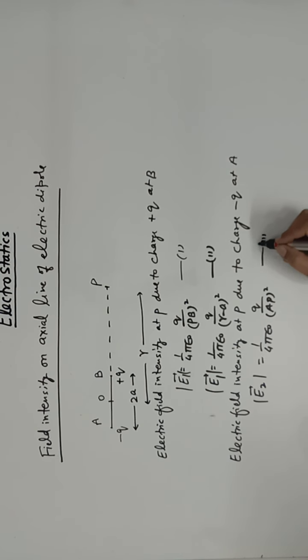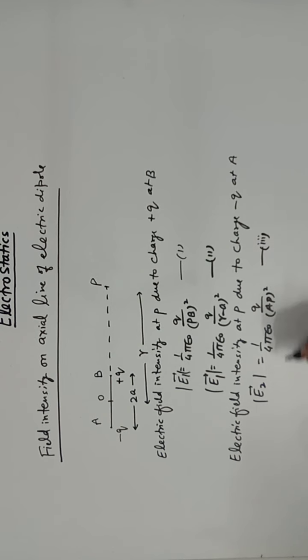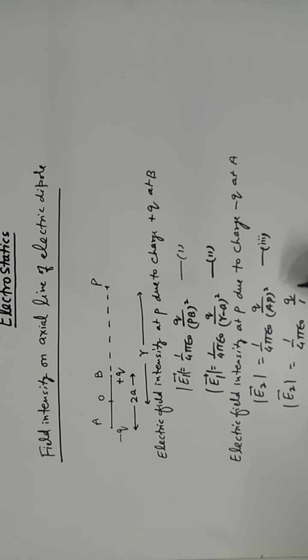Equation number 3. E2 is equal to 1 upon 4 pi epsilon naught q upon r plus a whole square. Number 4.